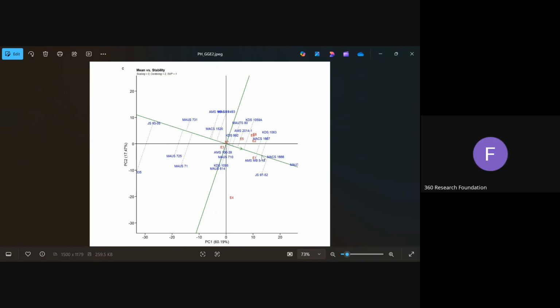Genotypes near the arrow end axis, in the upper portion of the line, will be considered. Each and every genotype is connected to this arrow end axis with dotted lines.